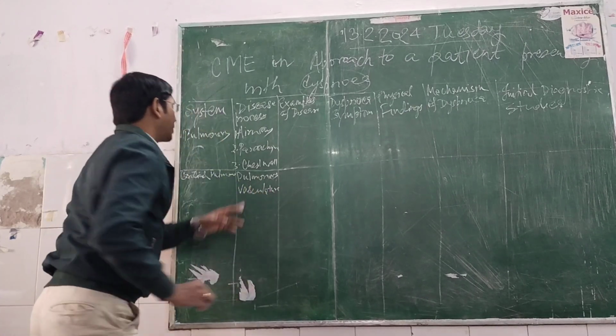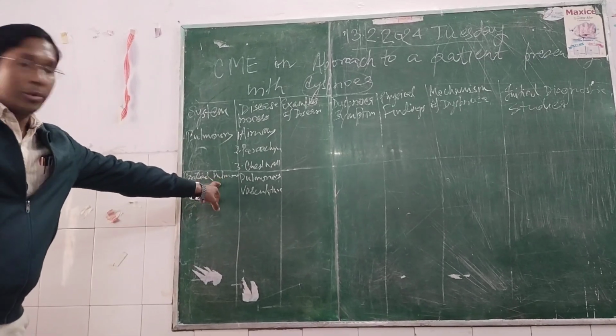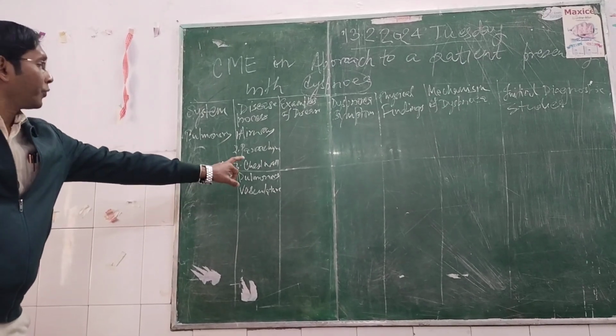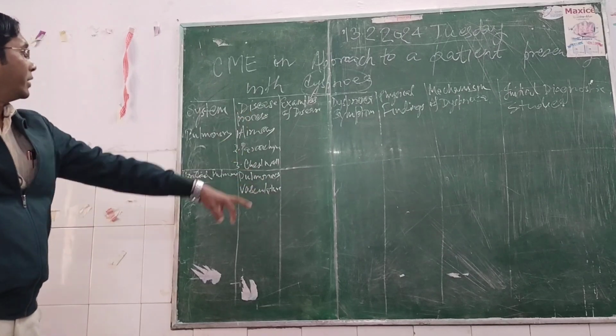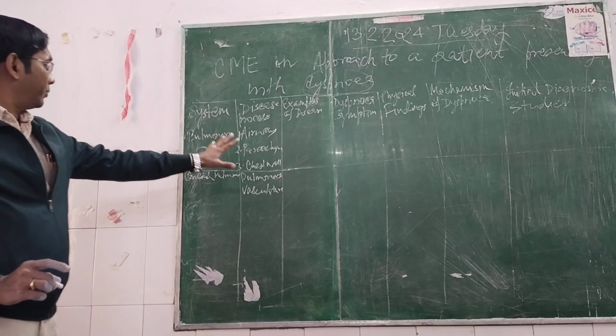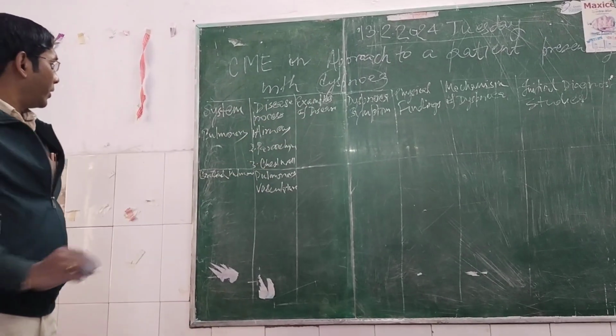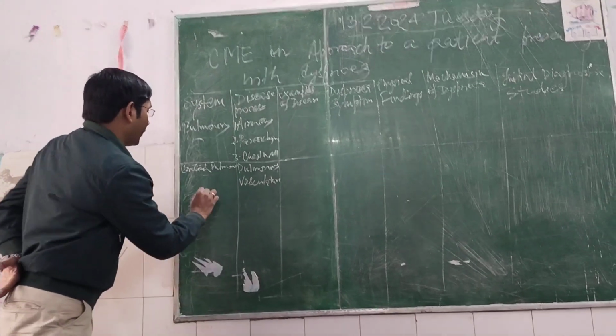So the disease process lies in pulmonary vasculature, which is common to cardiac and pulmonary. Now I have not enumerated the examples; I will be filling all these things in. For now I am just enumerating the disease processes.